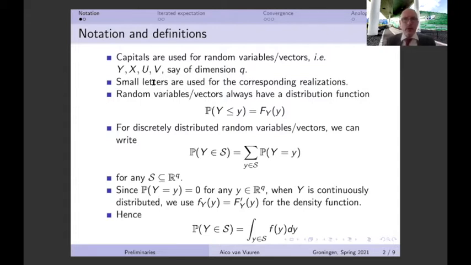So at the moment that we have Y, X, U, and V as random variables, then, at least preferably, for a random variable Y I will use the small letter y for its realization. That's not always possible, so it will not always be possible to use the same letter, but what I usually do is use small letters corresponding to the large letters that we have over there.